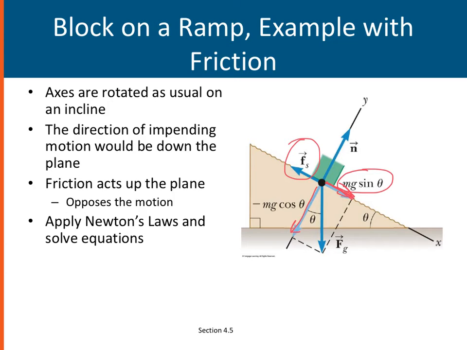And so in these situations, it is key to make sure that we draw friction in the correct direction and know that it's going to oppose motion, and then apply Newton's laws and solve any equations for unknowns. Keep in mind, if the object is at rest, then we're dealing with static friction. If the object is moving, then we are dealing with kinetic.